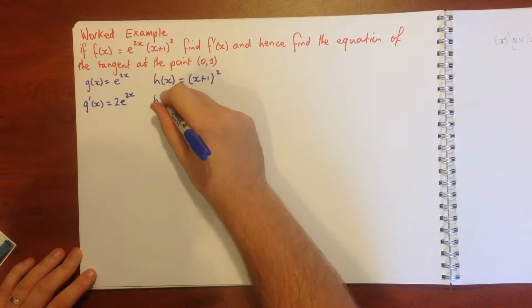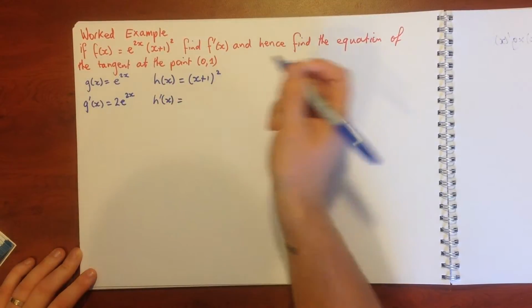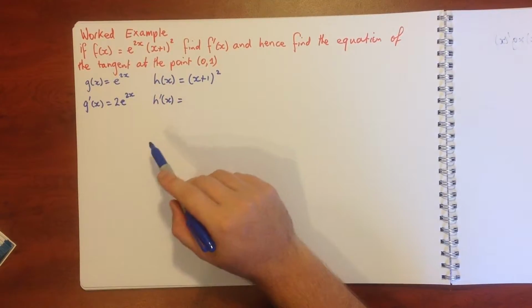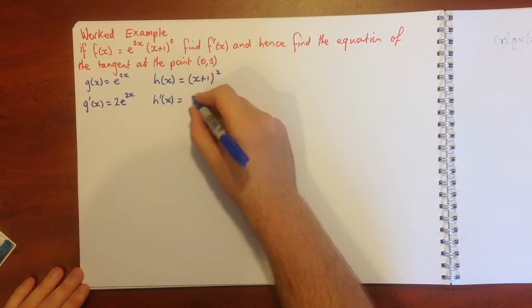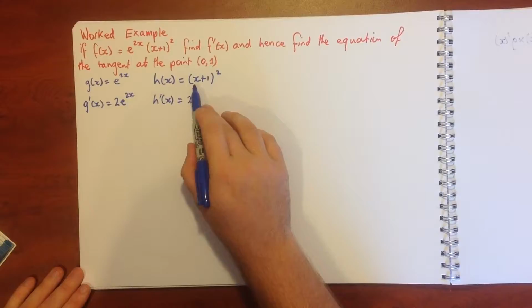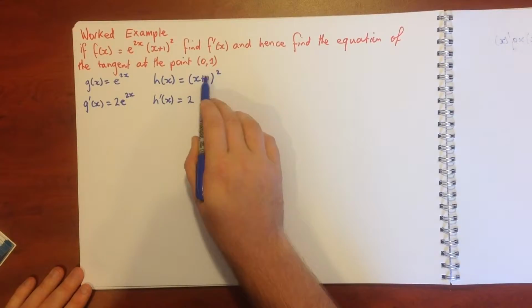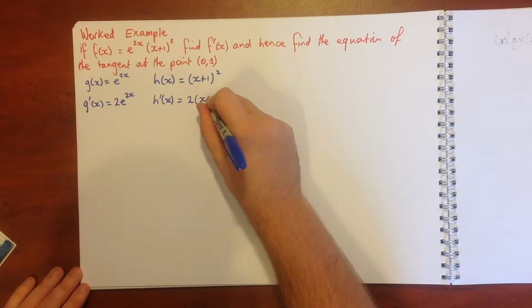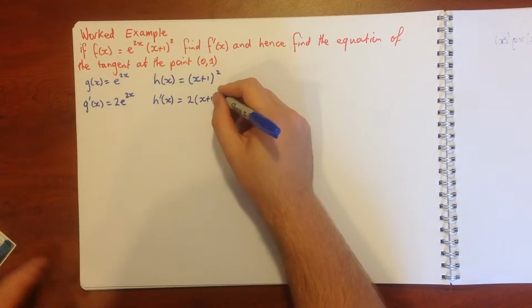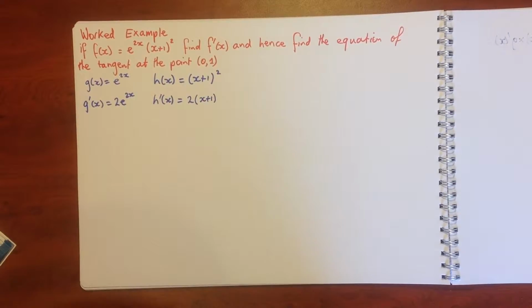Our h'(x): technically you should be using the chain rule here, but our quick way of the chain rule is bring our original power out the front, times by the derivative of what's inside here. The derivative of what's inside there is just 1, times (x plus 1), reduce our power, just leaves it as to the power of 1.